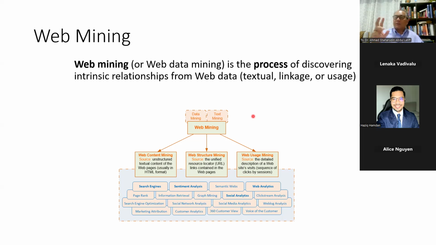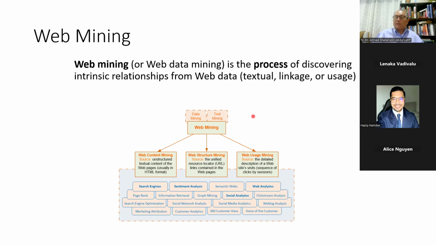We don't call it graph, we call it chart. Graph is a relationship between one component to another component, one concept to another concept in the web. And then social analytics, listing analysis, search engine.